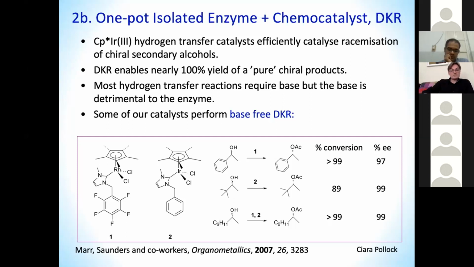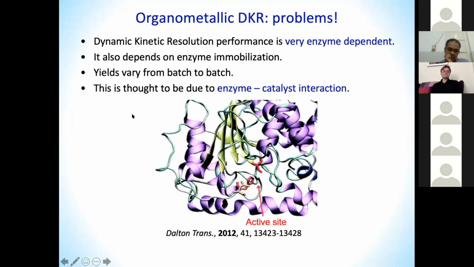The reason I mention this again is because of what we discovered when we were studying that. What we found was that the dynamic kinetic resolution performance was very enzyme dependent. It also varied as you had different types of enzyme immobilization. So yields would vary from batch to batch of the enzyme.